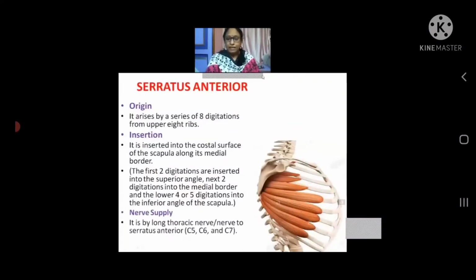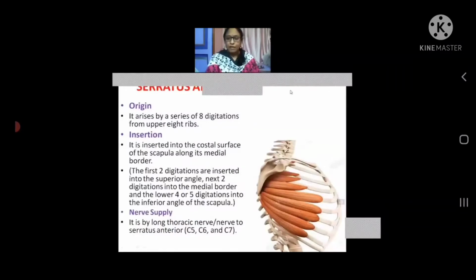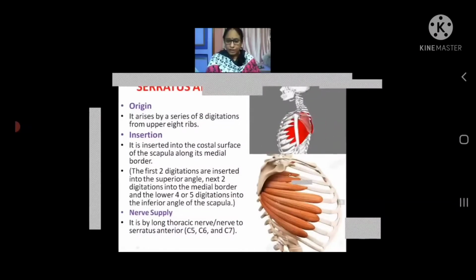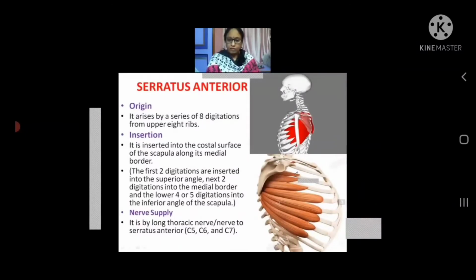So this serratus anterior muscle is very important. You can see here these digitations, and this muscle is inserted along the medial border of the costal surface, from the superior angle to the inferior angle.